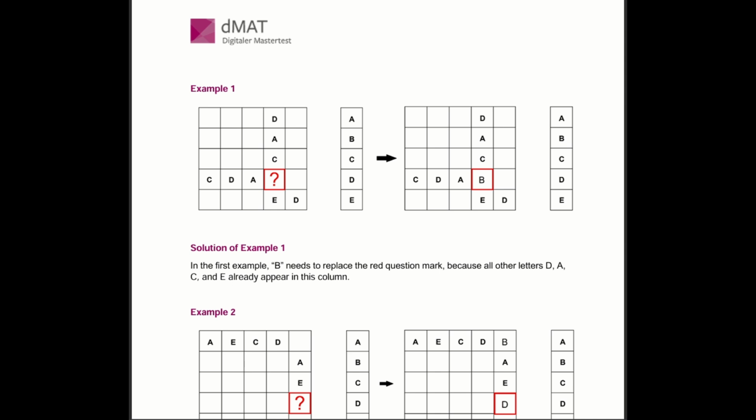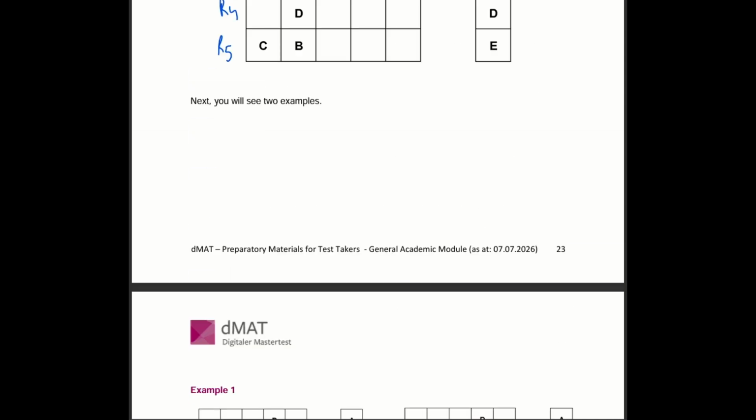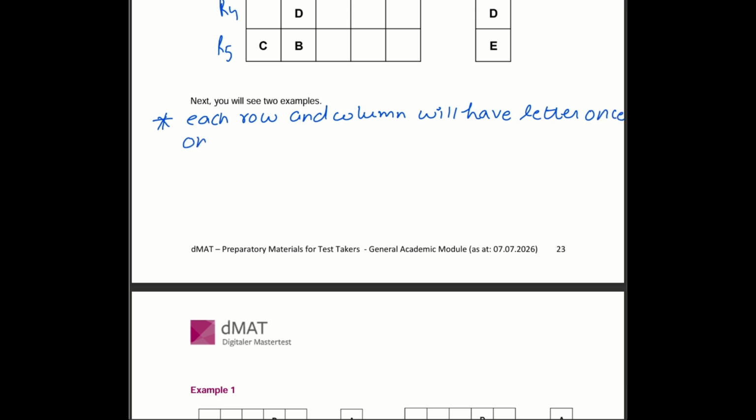One thing I also want to tell you before moving further: some important rules that you have to follow to solve these questions. First of all, each row and column will have any letter once only.